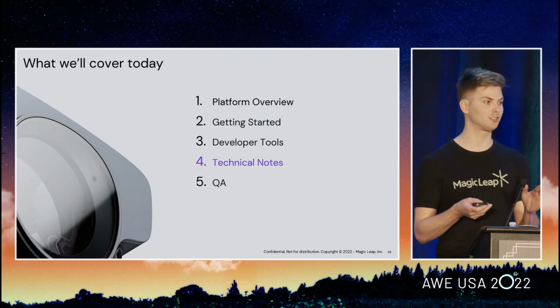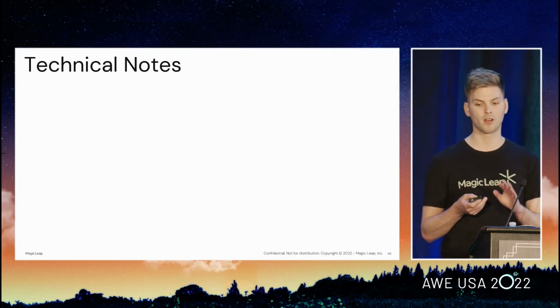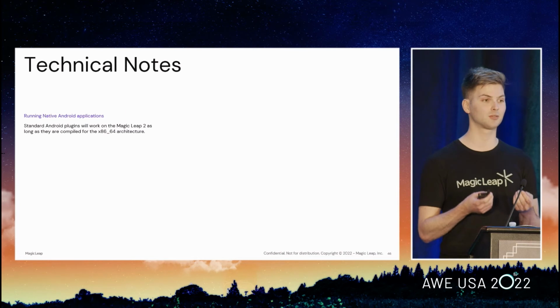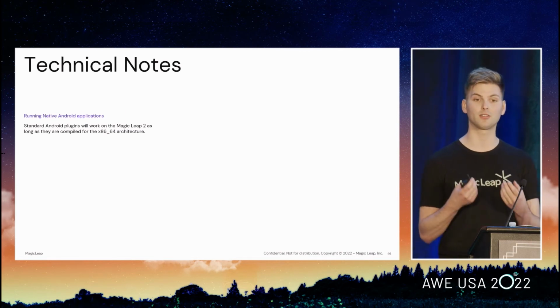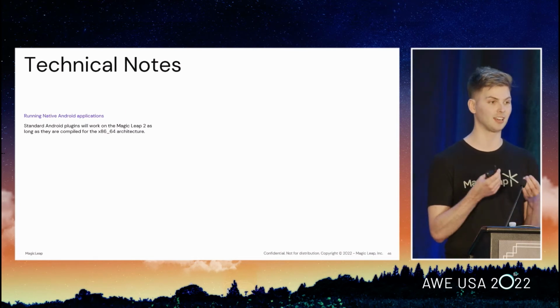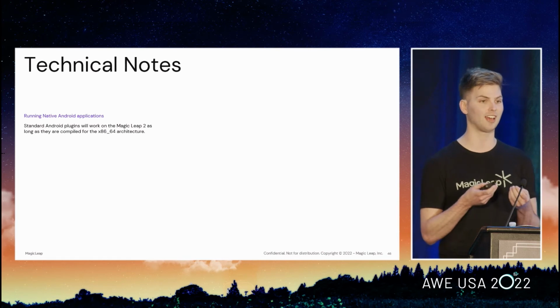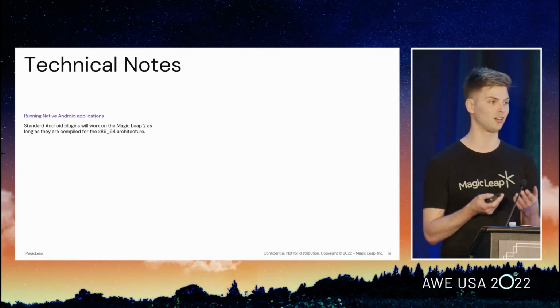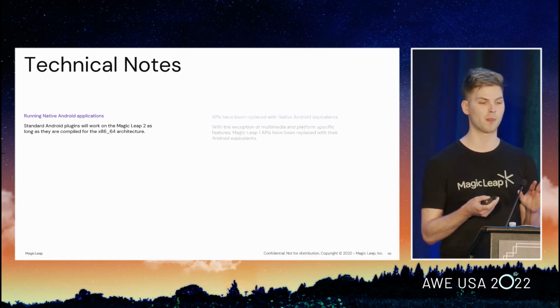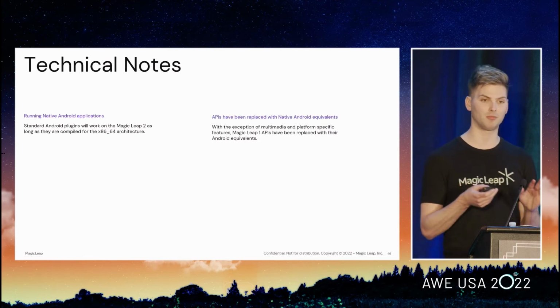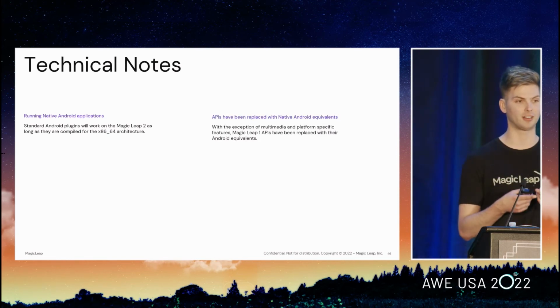A few technical notes about our platform. One is that since our device runs an Android-based OS, it can run native Android applications and plugins as long as they're compiled for the x86-64 architecture. With the exception of multimedia APIs like camera, microphone, and audio output, a lot of the Magic Leap 1 APIs have been migrated to their Android equivalents.